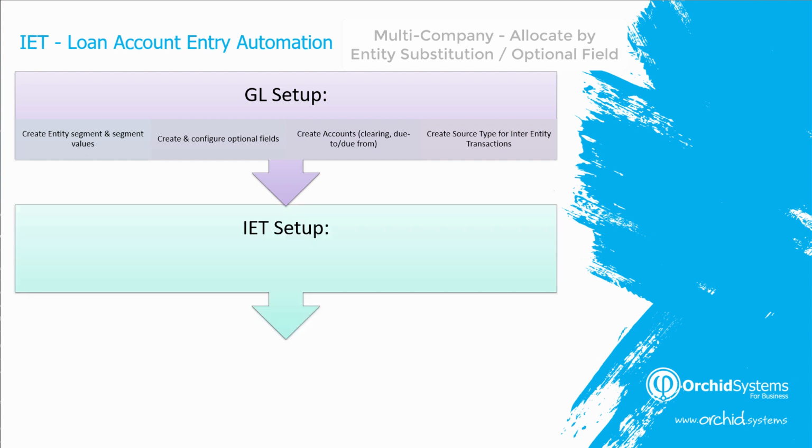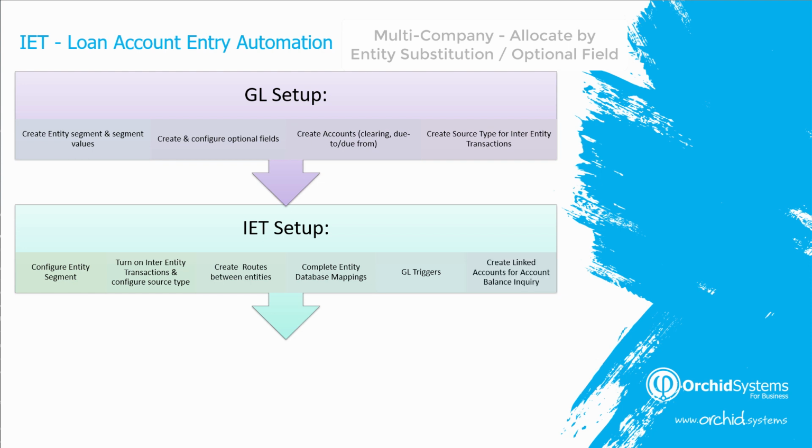In inter-entity setup, we needed to configure the entity segment, turn on inter-entity and configure the source types, create the routes between the entities, complete the entity database mappings, configure the GL triggers for the entity substitutions, and if using the linked accounts inquiry, we had to create the linked accounts.